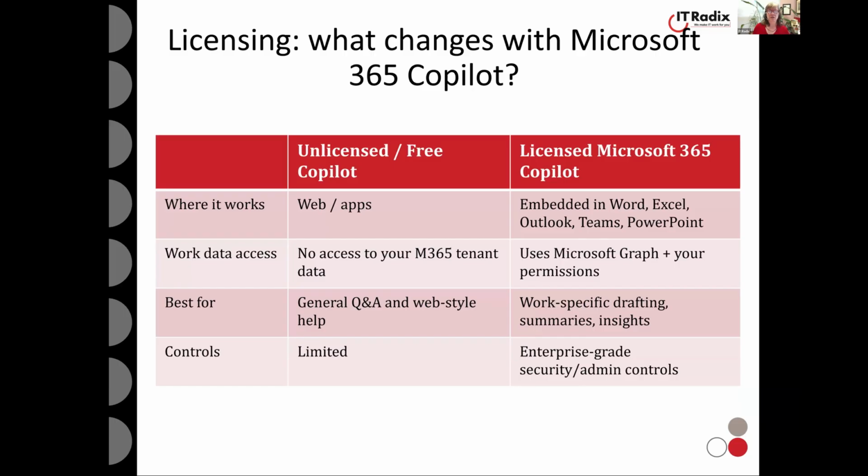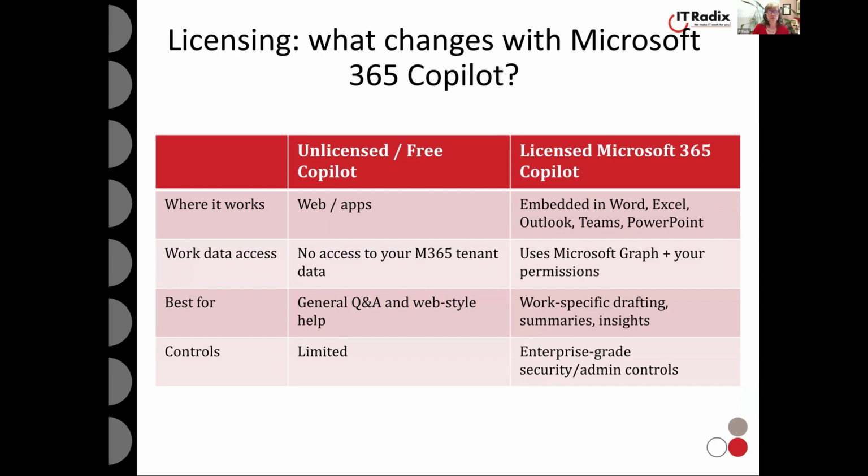So the free version, you'll see it inside of the web browser. It does not have access to your Microsoft 365 tenant. And when we talk about your Microsoft 365 tenant, that includes your email, your Teams, your SharePoint, anything you've put in OneDrive. All of those types of things are considered your Microsoft tenant.